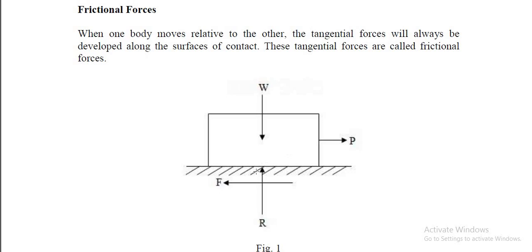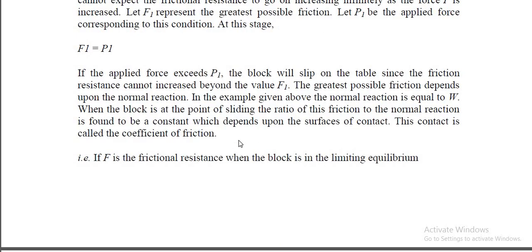If the friction force is more than or equal to the effort, the body will still be at rest. Here suppose F1 is the highest possible friction, and P1 is the applied force corresponding to that condition. At that condition F1 equals P1.